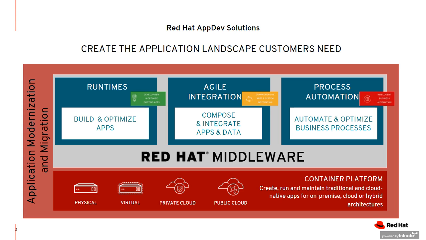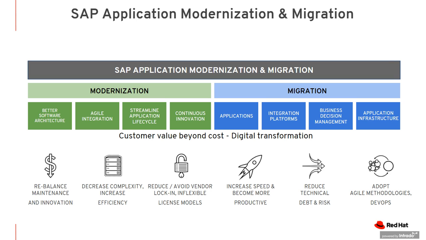AMM, as you can easily understand by the name, is divided into two parts, the modernization and the migration. Here, you can find several initiatives aimed at having, for instance, a better software architecture or an agile integration approach. In the migration part, you can find, for instance, the integration platforms, such as migrating from Tibco to Fuse.